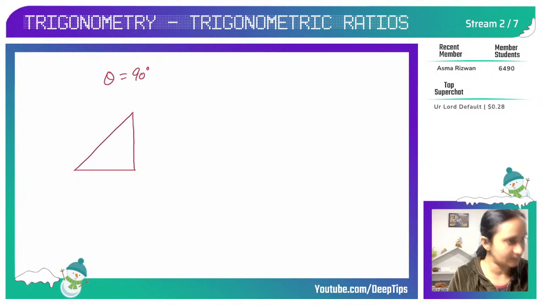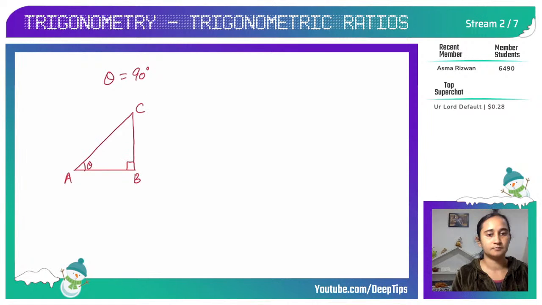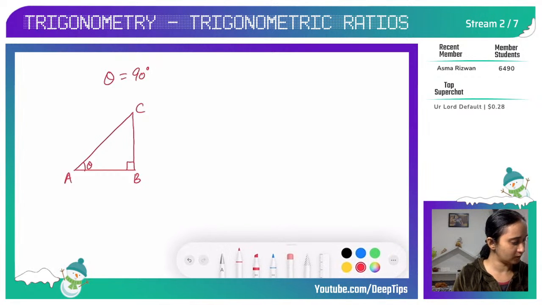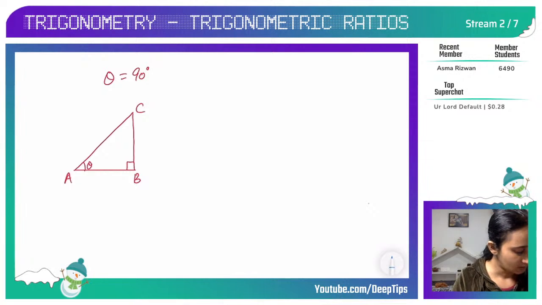This is the right angle triangle, which is right angled at B, and this is my theta. Now if you look here, to make theta 90 degrees, I want to increase this angle.